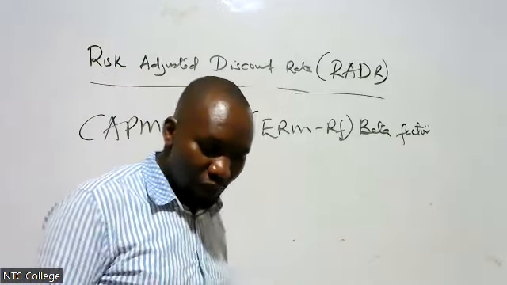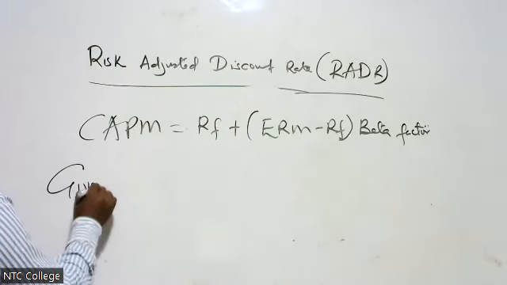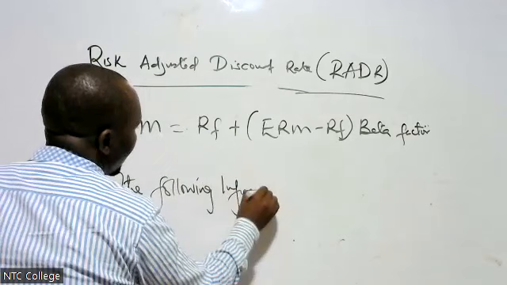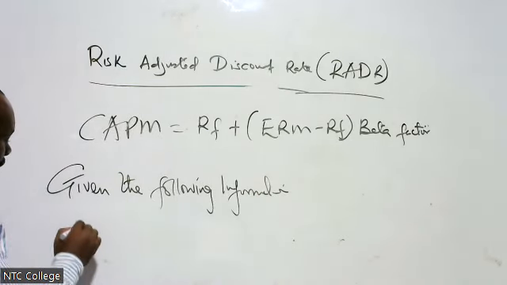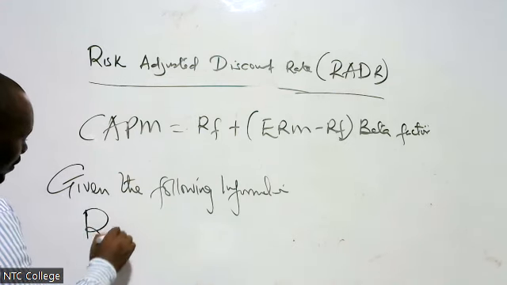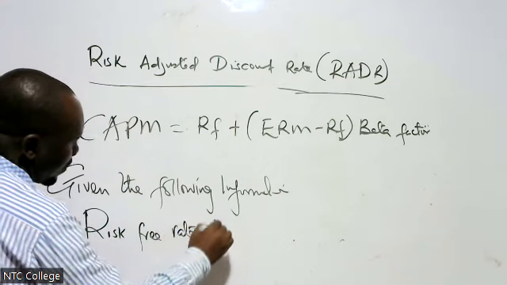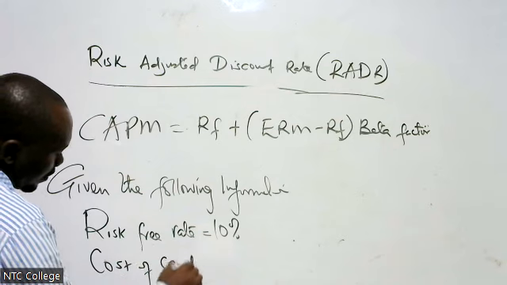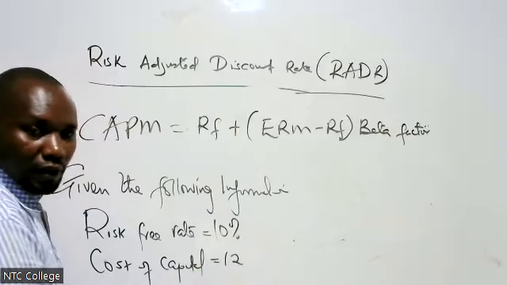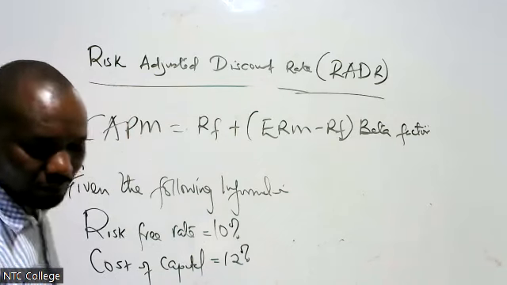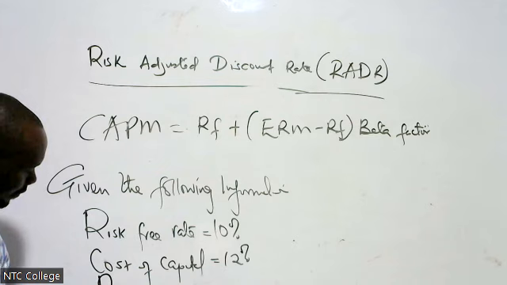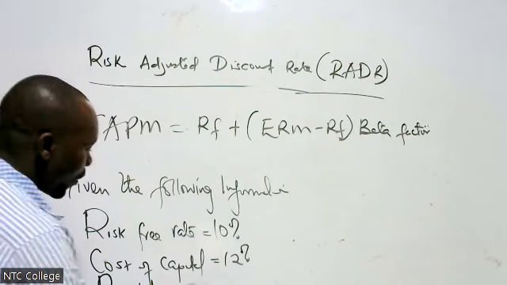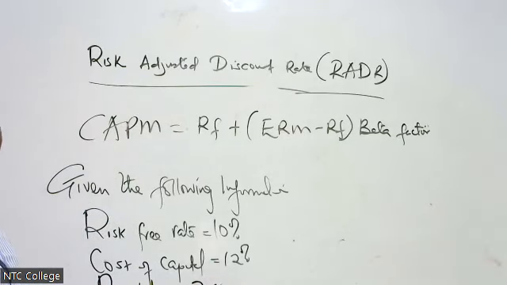So let's take an example here. I want you to look at the cost of capital given the following information, where the risk-free rate is 10%, the cost of capital is 12%, and the risk index is 2.5.